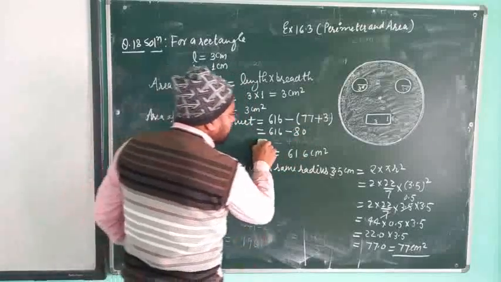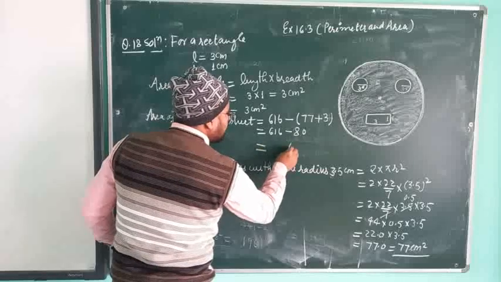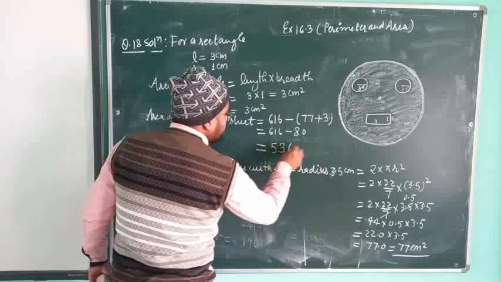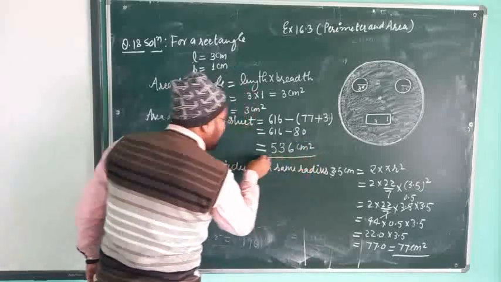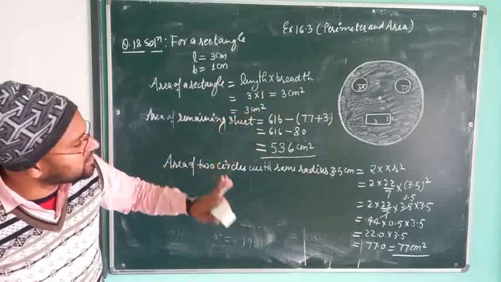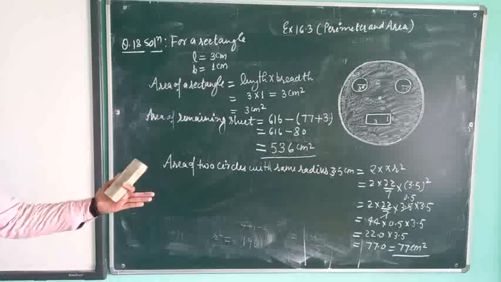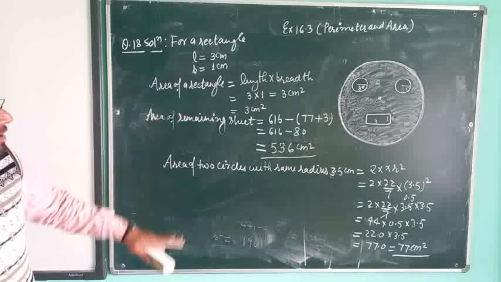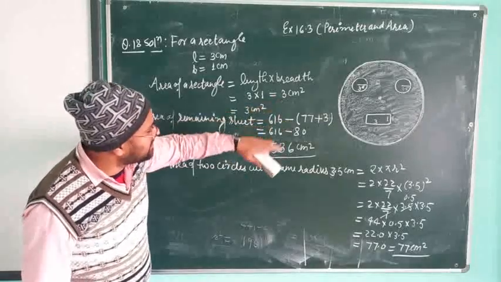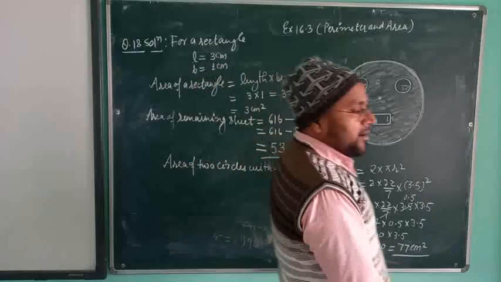Subtracting, we get 536 centimeter square, which is the area remaining after removing the two small circles with the same radius and the rectangular region whose length is 3 centimeter and breadth is 1 centimeter. So the area remaining of this circular sheet is 536 centimeter square.